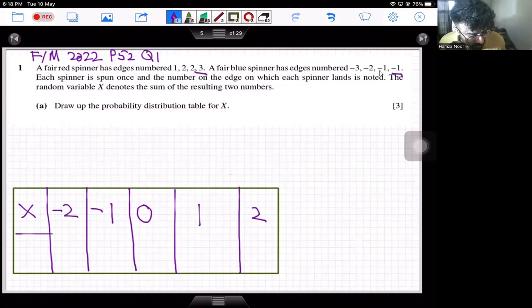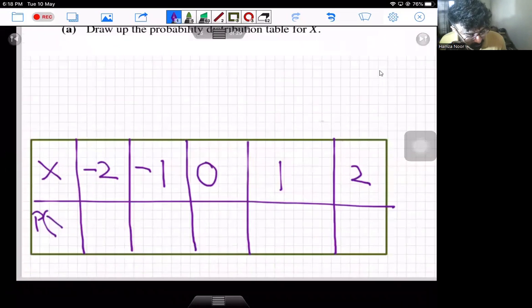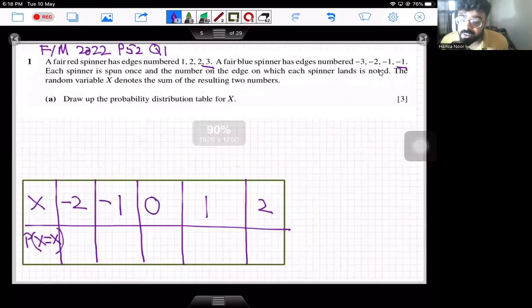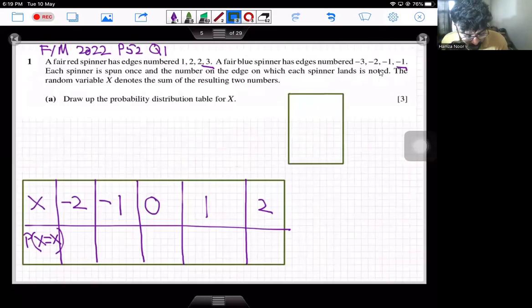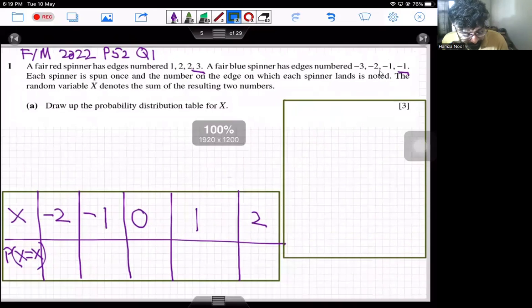What we need to do is find the corresponding probabilities of these x values, and for that purpose we will make a possibility diagram, because it would be much easier to find out the probabilities of these scores. So I'm going to make a possibility diagram over here.